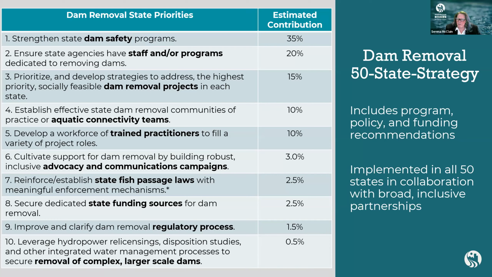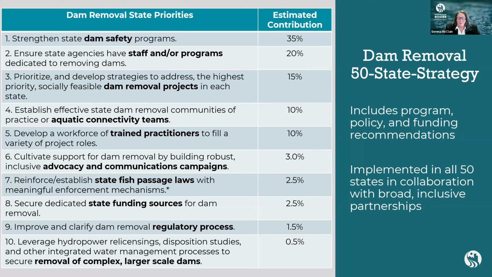I wanted to talk a little bit about number 7, which is reinforcing and establishing state fish passage laws with meaningful enforcement mechanisms. State fish passage laws have been a powerful incentive in many early dam removals.